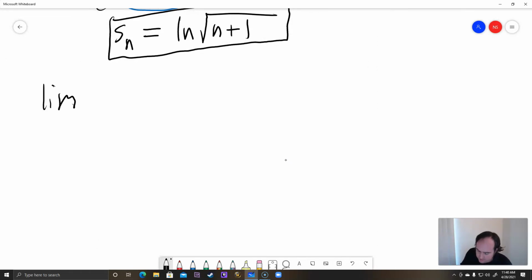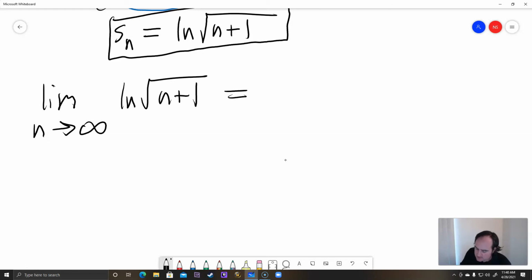So the limit as n goes to infinity of s sub n, which is ln of root n plus 1, is going to basically give us ln of the square root of infinity. Square root of infinity is infinity, and ln of infinity is infinity. So this whole thing goes to infinity.